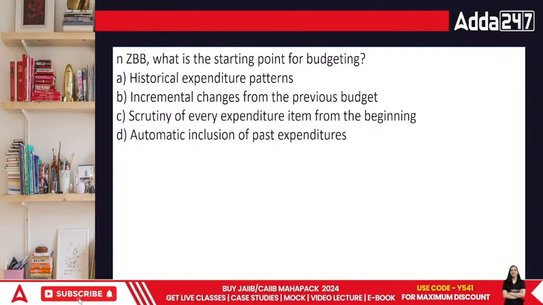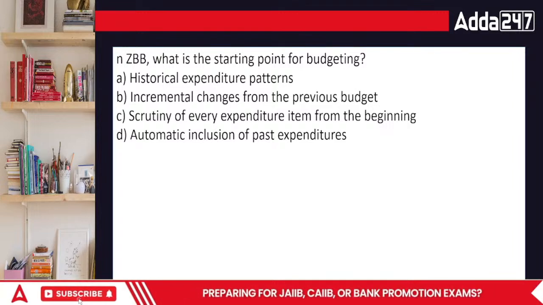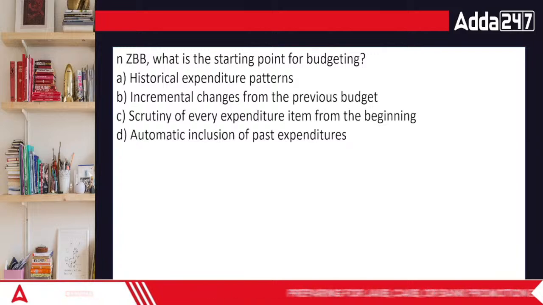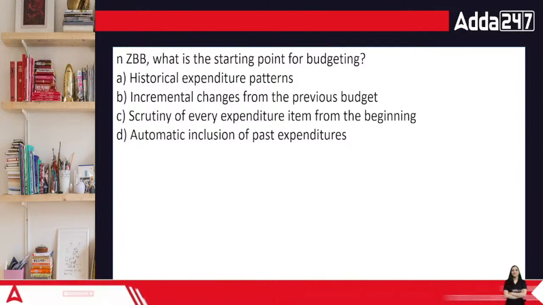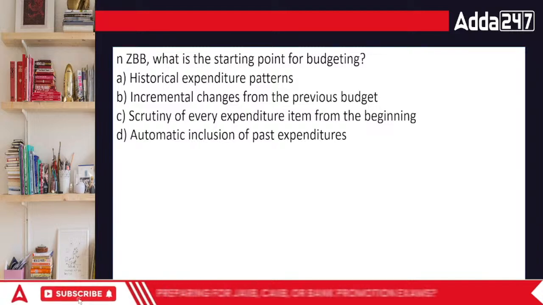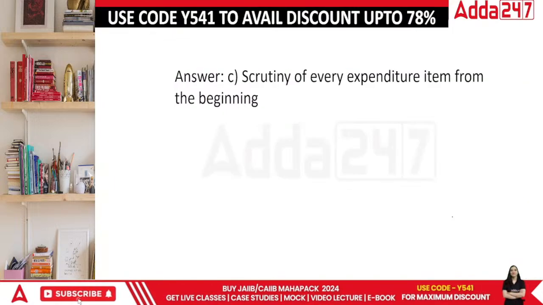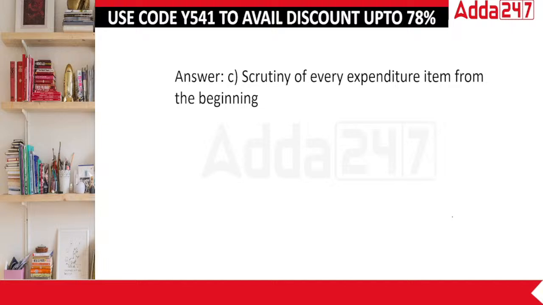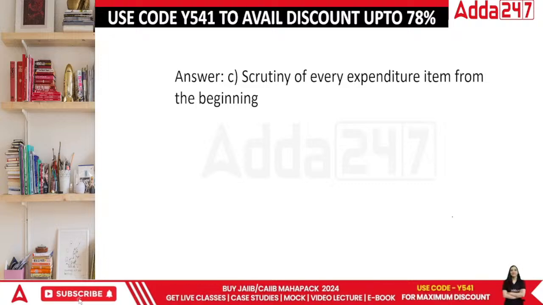In ZBB, what is the starting point? Historical expenditure patterns. We don't look at history at all. Incremental changes from the previous budget. That's also history. Scrutiny of every expenditure item from the beginning, and automatic inclusion of past expenditures. Each and every expenditure is scrutinized. Why this, why that, why not this, why not that. So technically it is C: scrutiny of every expenditure item from the very beginning. We will try to find whether this is justified, whether it relates to the business or it's just not worth it. Right?